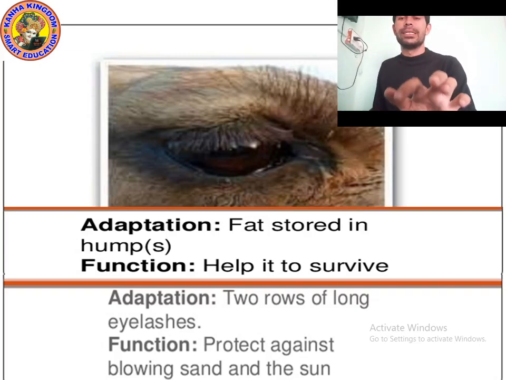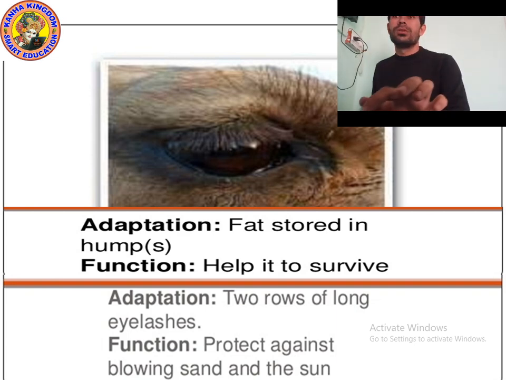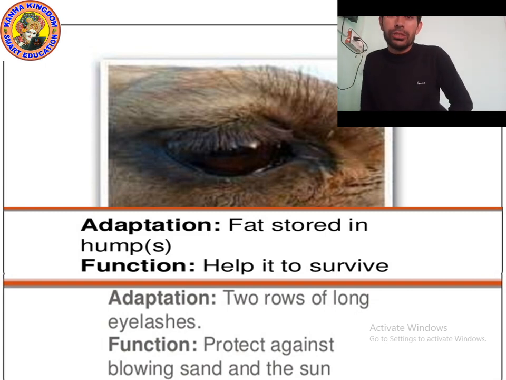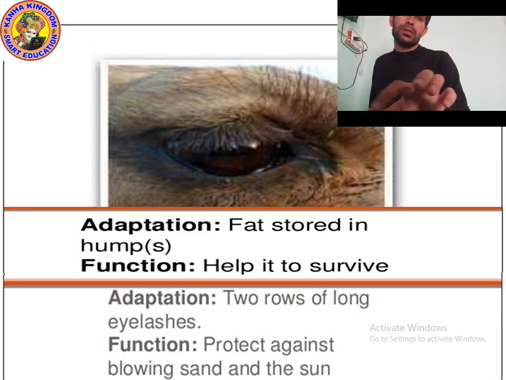So we have been studying chapter number 9. The name of chapter number 9 is Living Organism and Surrounding. Last time we studied about biotic components, adaptation, and we also went through the different types of adaptation.